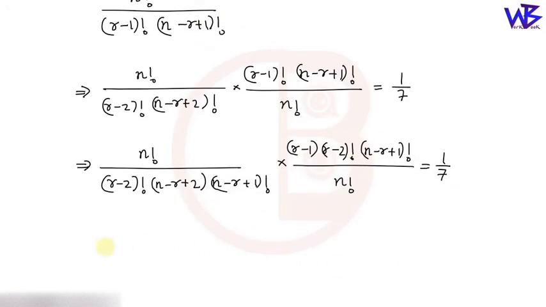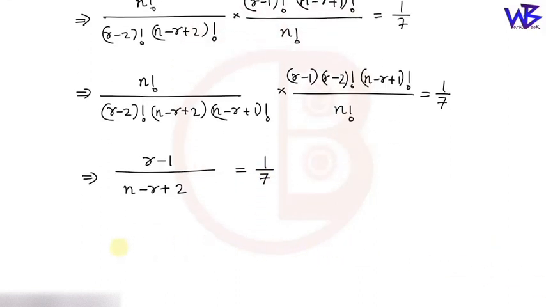Here we have n!, (r-2)! and (n-r+1)!. These three terms are present both in the numerator and in the denominator, so when they divide, this will give 1. Finally we will get (r-1) in the numerator and (n-r+2) in the denominator, which is equal to 1 upon 7.